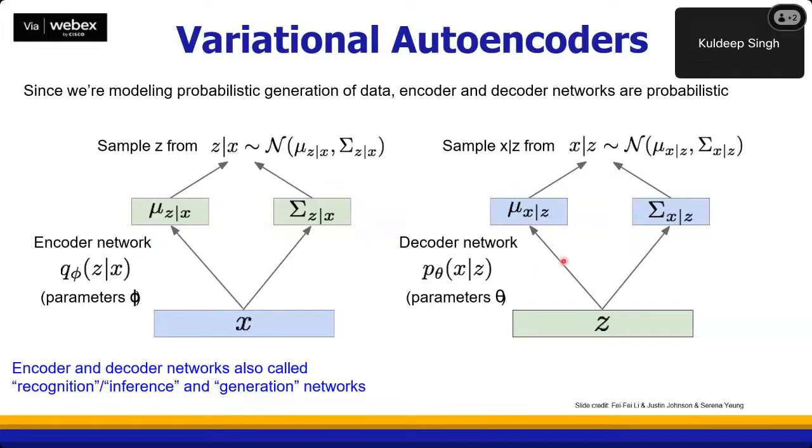Fine. So we are mainly concerned here with this decoder network, which is capable of generating new data. However, in the case of autoencoders, we were more concerned about the encoder network because it was giving us some feature representation which was helpful for training any of the supervised models. So this decoder network is the generation network.